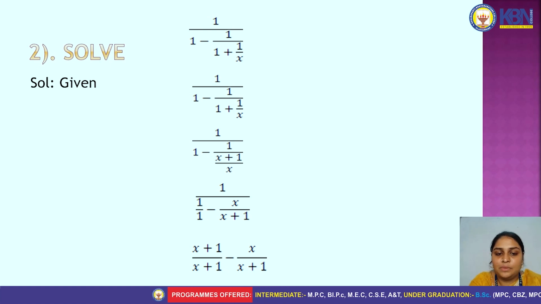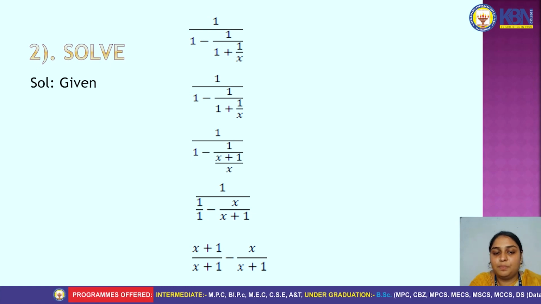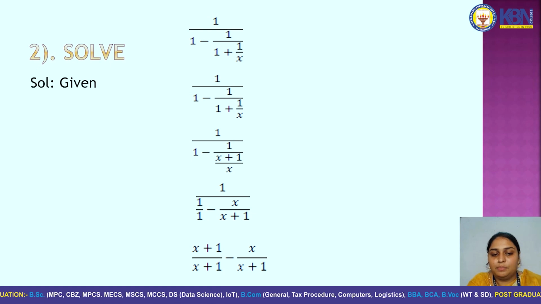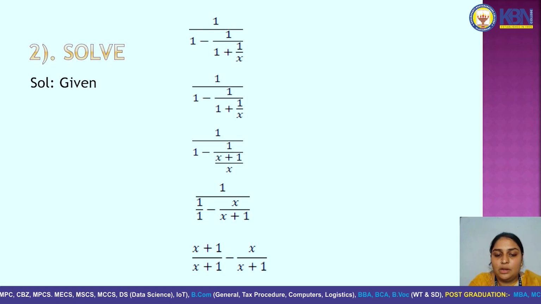When we divide by a fraction, the denominator fraction becomes the product with the numerator, that is, the reciprocal. Then we get 1 by 1 minus x by x plus 1. Now here the denominators are 1 by 1 minus x, 1 by x plus 1. Now we have to take the LCM, x plus 1.